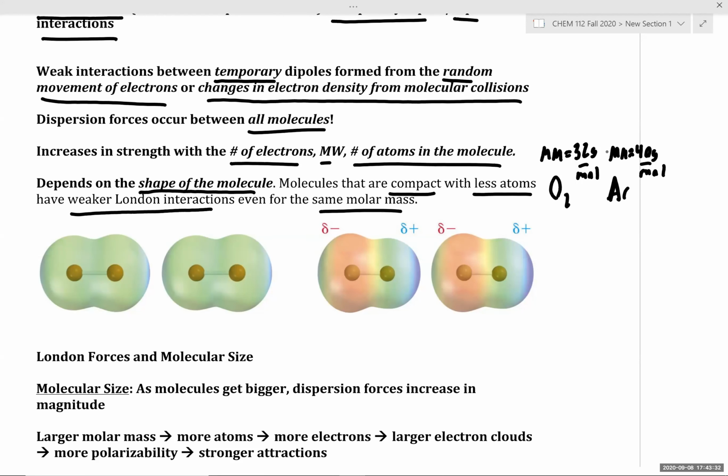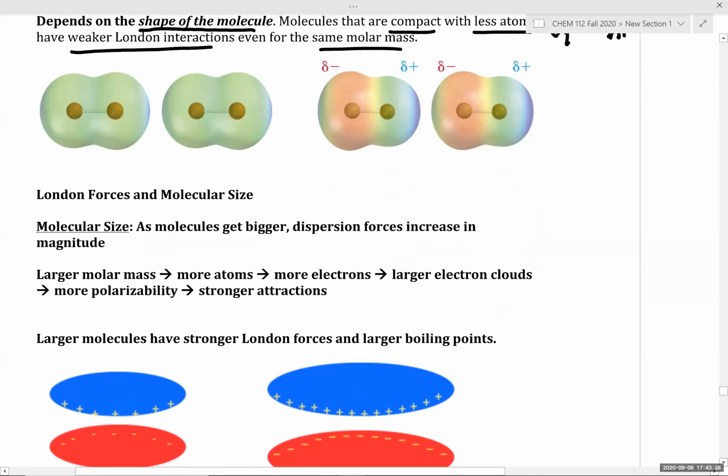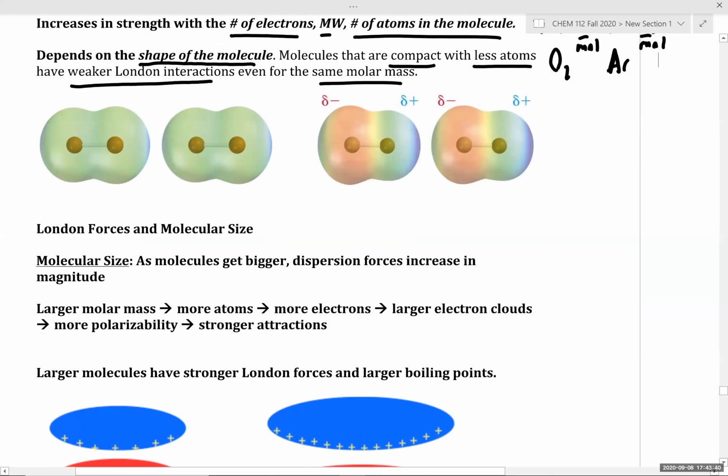Let's unpack this idea of molecular shape, and let's unpack this idea of temporary dipoles. So suppose we have two molecules, and at any given time, we have electrons distributed throughout each of our molecules, right?